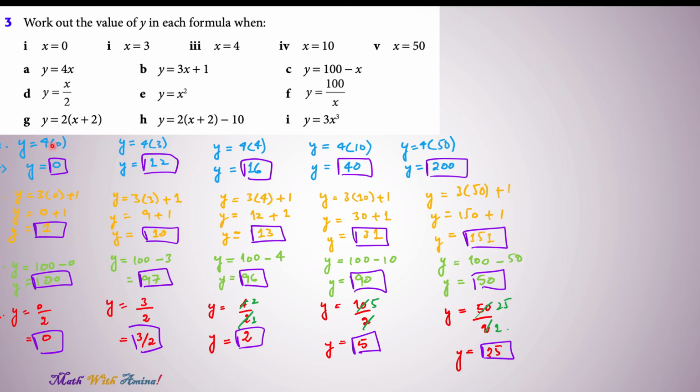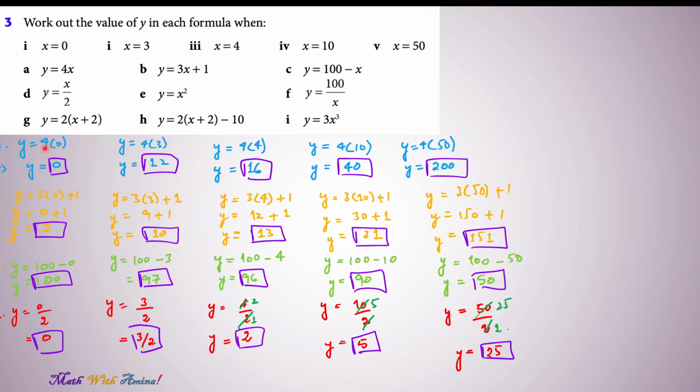The first step is to replace the variable with its value. So it will be 4 into 0, 4 into 3, 4 into 4, 4 into 10, and 4 into 50. We are replacing the variable with its value to find the value of y for each value of x.